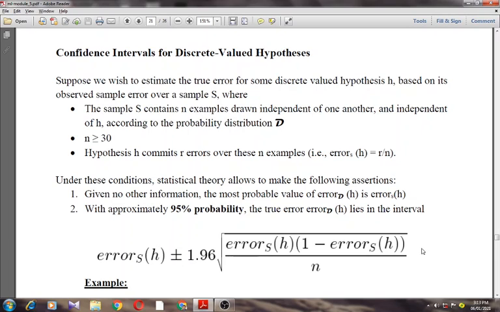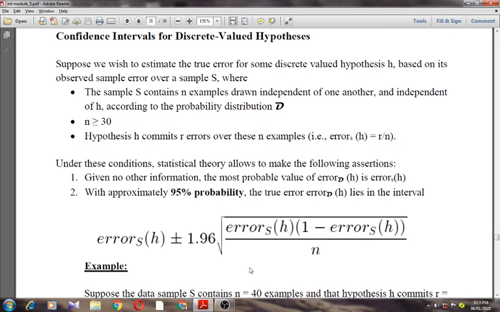First one, given no other information, the most probable value of error D of H is error S of H. The second one is, with approximately 95% probability, the true error, that is error D of H, lies in the interval error S of H plus or minus 1.96 square root of error S of H into 1 minus error S of H whole divided by n.